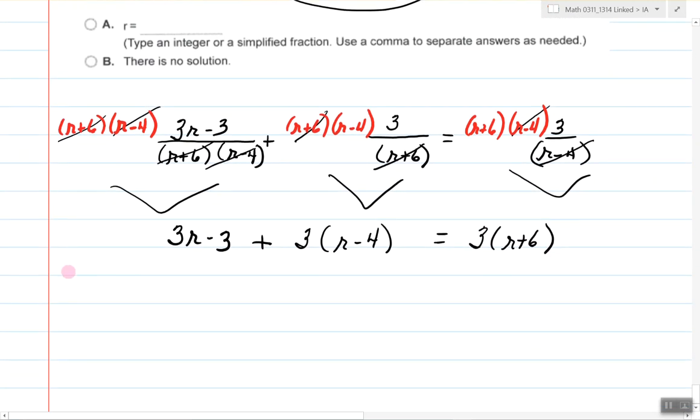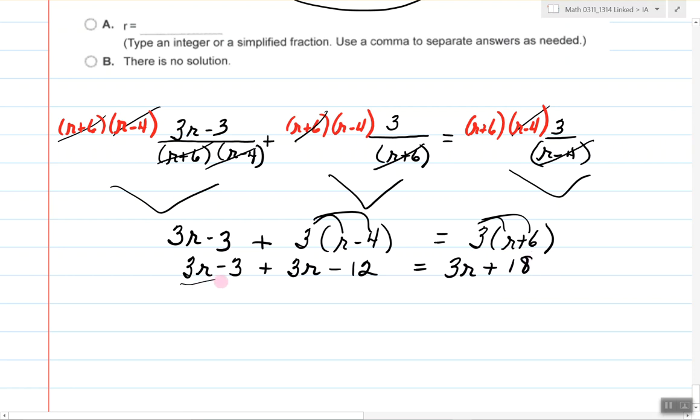Using the distributive property to simplify, I have 3r minus 3 plus 3r minus 12 equals 3r plus 18. Simplifying like terms, I have 6r minus 15 equals 3r plus 18.